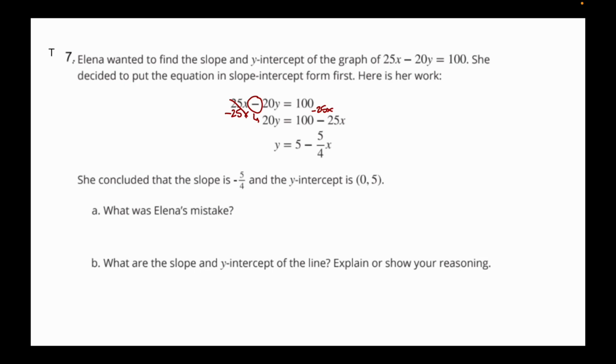So Elena's mistake was she forgot the negative on -20y when she brought it down to the next line.